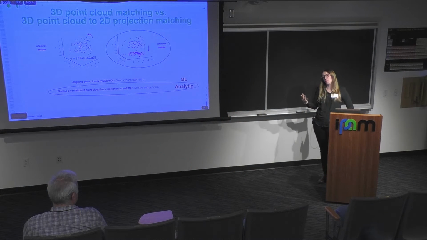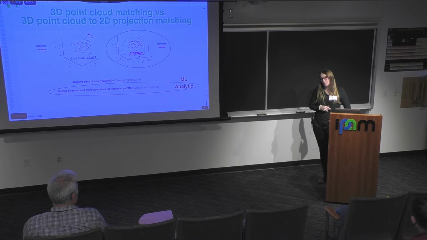So the question is just like, why is it not working? I think the idea is that, right, if we're doing something like trying to estimate the pose of an image with machine learning, shouldn't we be able to estimate the orientation that matches two 3D point clouds, which we know we can get analytically?